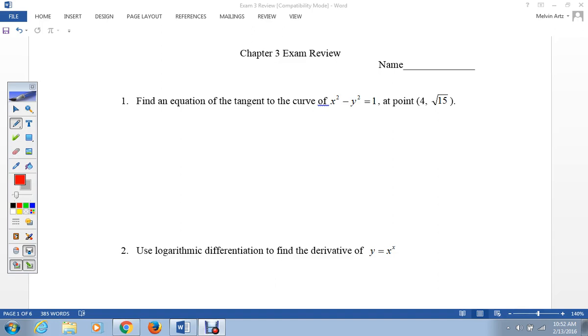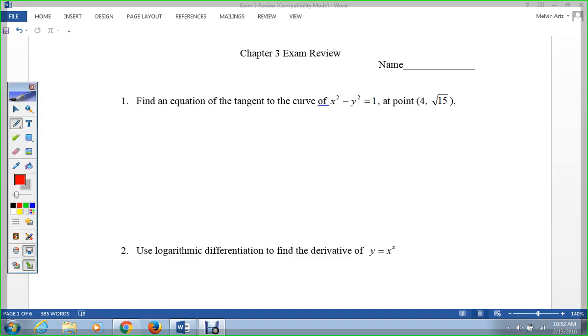Let's take the derivative of the equation implicitly. So we would have 2x minus 2y times y prime equals 0.